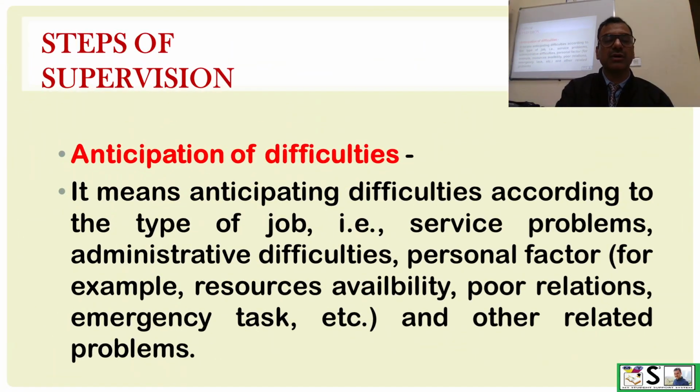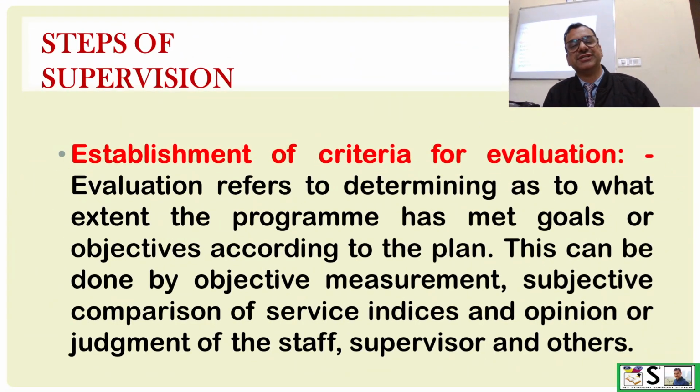Then again, as we have discussed, anticipation of difficulty related to service problems, administrative difficulty, personal factors, resource availability, poor relations. As I told, if the roads are not good, how he or she is reaching the center. Okay, these points we should also write, or keep in mind while supervising the client.